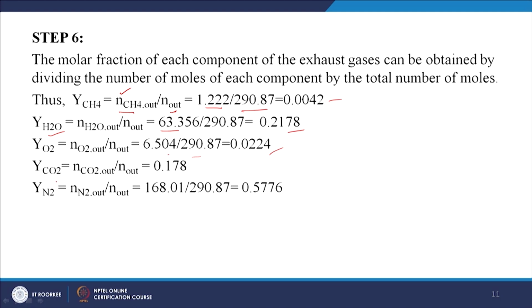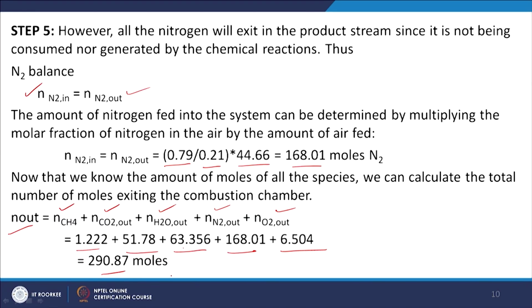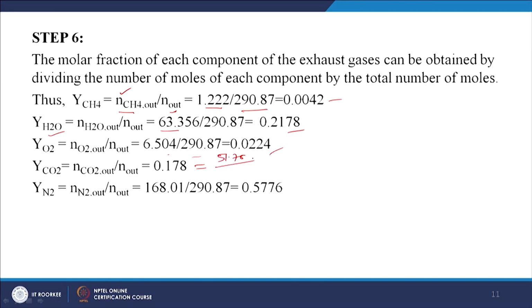For CO2, we have carbon dioxide 51.78, divided by 290.87.